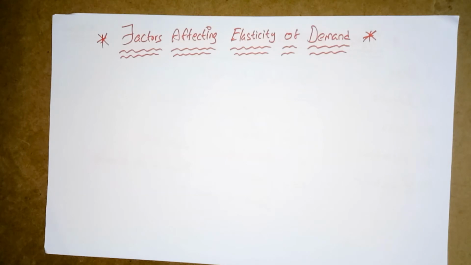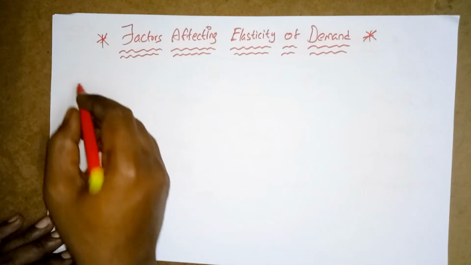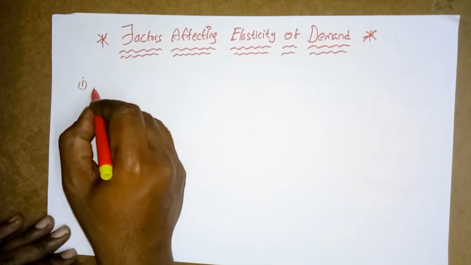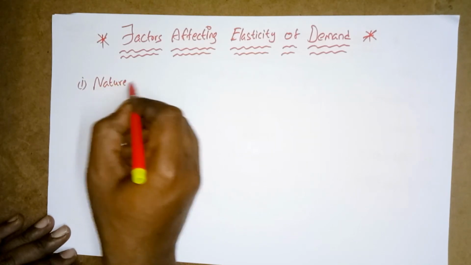Further, different goods respond differently to a change in price. Now we'll see these factors one by one. First is the nature of the commodity.